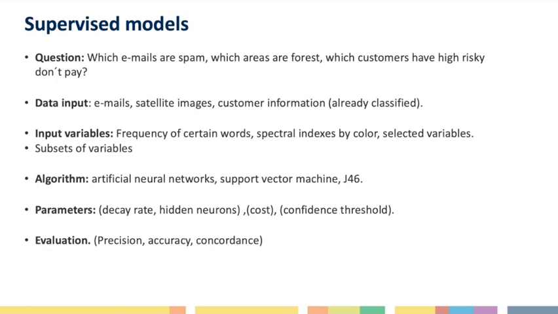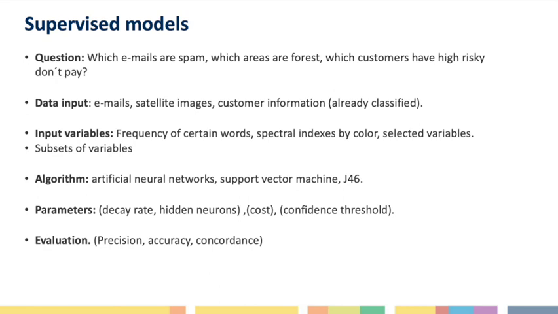And after that, the algorithm that's going to be used has to be defined. For the case of emails, neural networks could be an algorithm where this can be applied. Neural networks have been used for this before. And for satellite images, there's different research that tells us that support vector machines yield positive results.